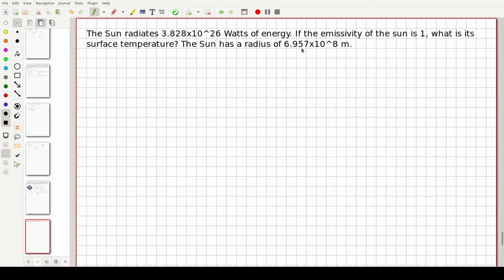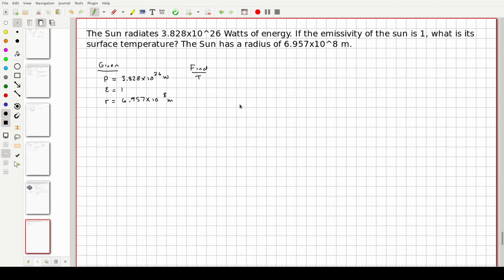So we're given the power, which is 3.828 times 10 to the 26 watts. We're given the emissivity, which is 1. And we're given the radius of the sun, which is 6.957 times 10 to the 8th meters. Now, what are we trying to find? The temperature.